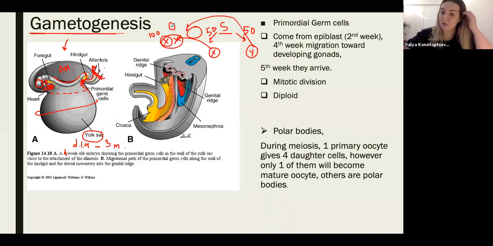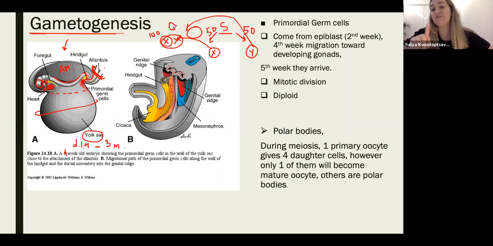So how can I make an oocyte and how can I make spermatozoa? The problem with embryo, the problem with this course, is that you constantly have to ask yourself two questions. If we're talking about oocyte, for example, we have to ask ourselves two questions. Where does it come from?